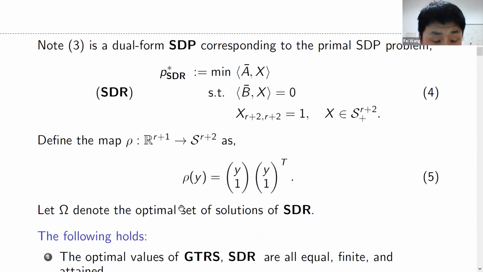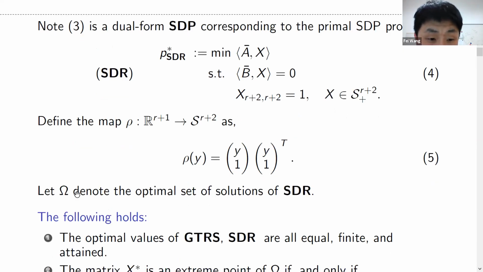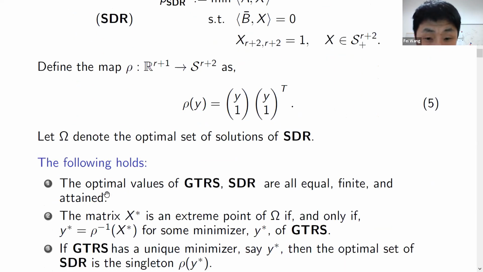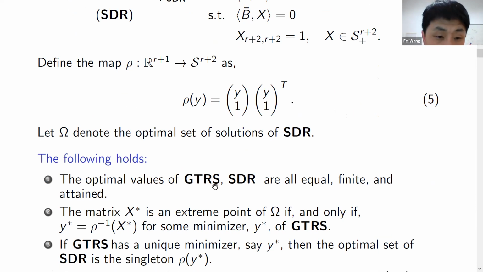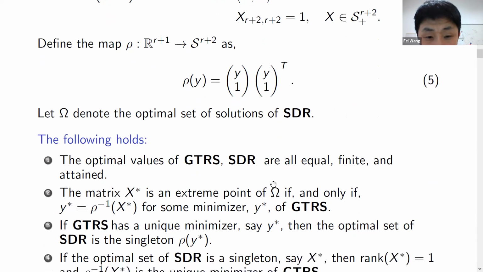Let omega denote the optimal set of solutions of the SDR. We have the following. The optimal values of GTRS and SDR are all equal, finite, and attained. And secondly, the matrix S star is an extreme point of the optimal set if and only if Y star equals U of x star for some minimizer y of GTRS.